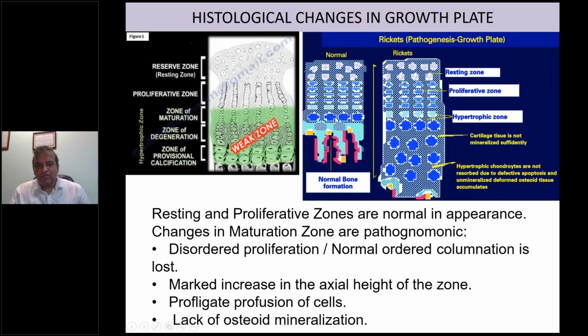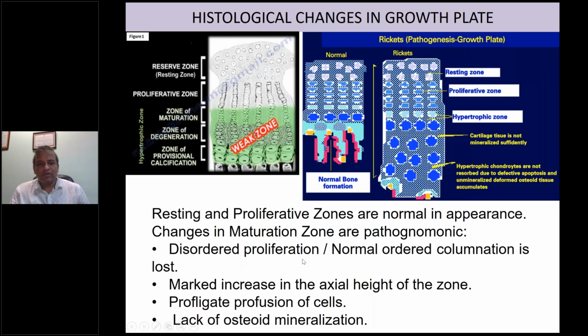But in rickets, because there is less mineralization, the hypertrophic zone starts increasing in width. There is no calcification, and these hypertrophic chondrocytes are not resolved due to defective apoptosis, and unmineralized deformed osteoid tissue starts accumulating, leading to widening of the growth plate, this zone of maturation.